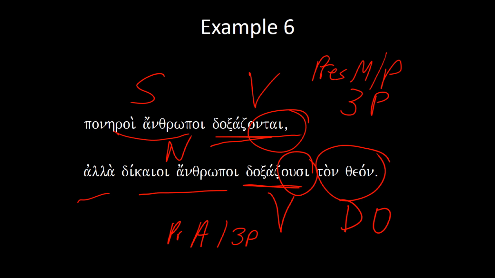Now it's a good habit to have what I call a Greek cheat sheet that you use when you're working on homework and on translations for Bible studies and sermons. On that cheat sheet, you should have the endings. You should have the number 1 endings, the number 2 endings, and the number 3 endings.